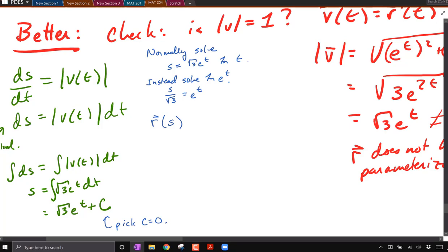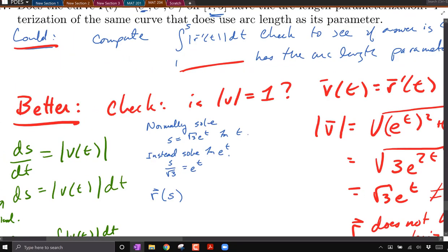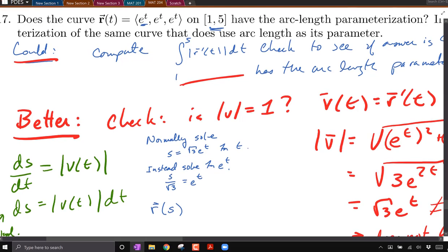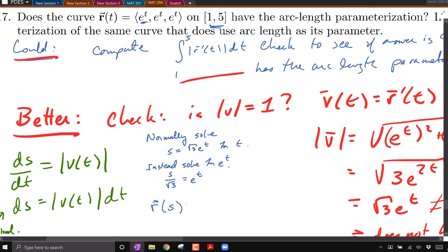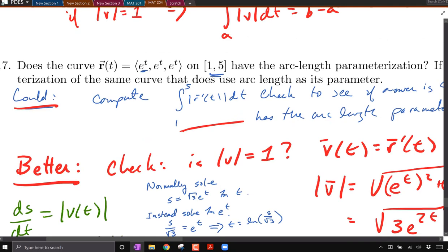So I'm going to replace each of my e to the t's in this expression with s over the square root of 3. Again, if you had fully solved for t, you would have t equal to the natural log of s over the square root of 3, but then you'd be repeating yourself, because you'd replace t with that natural log expression, which then goes inside the exponential function.